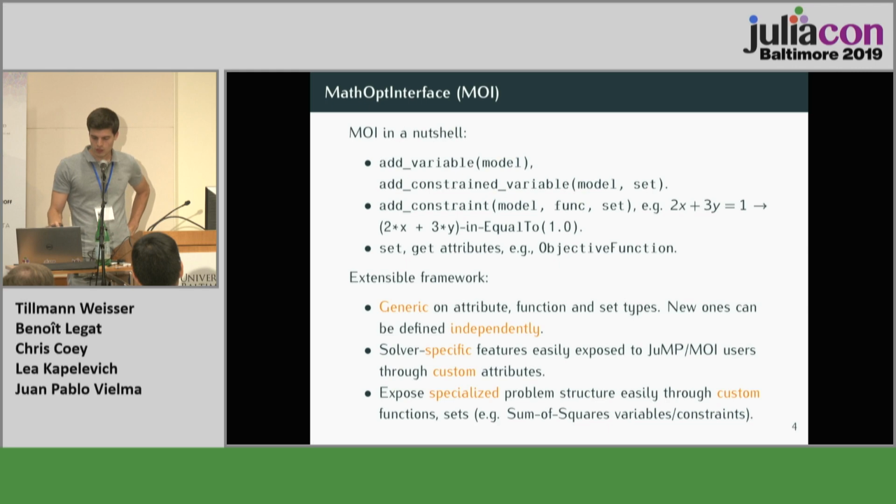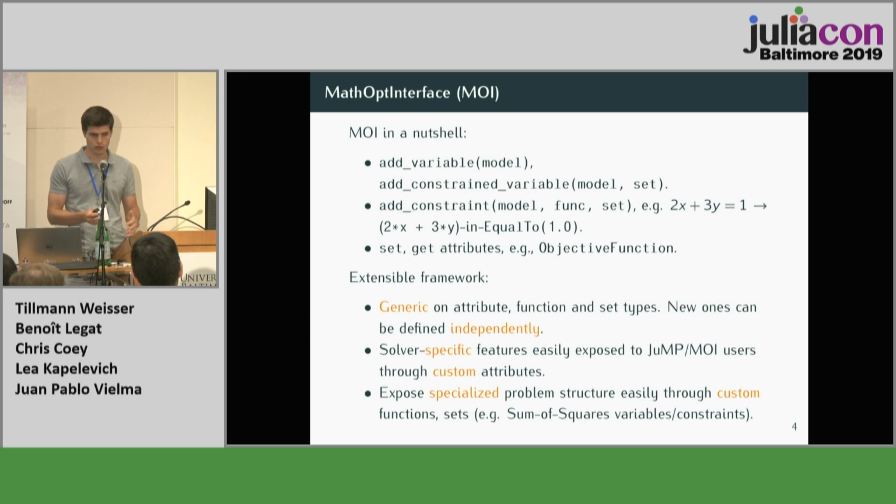So the advantage of this new framework, and that's kind of why we wrote the interface, is that it's very generic. For the constraints, the constrained variables or attributes, we have many things defined in MOI, but you can basically extend it very easily. Just by defining new kinds of functions, new kinds of sets, new kinds of attributes, you can totally extend the capability of MOI.